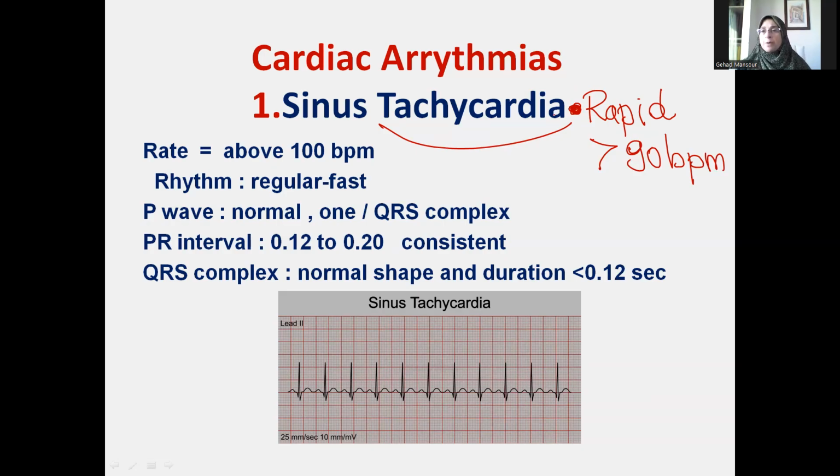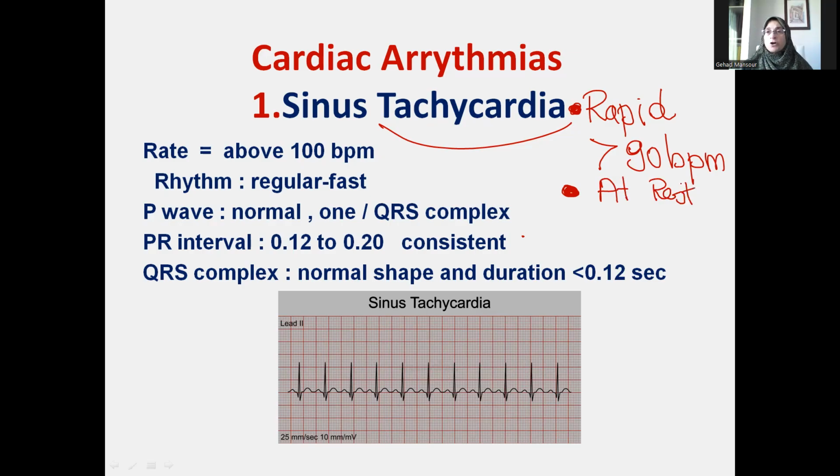So it is a rapid heart rate, more than 90 beats per minute, but more importantly, and this is what maybe we haven't emphasized during class time, but which is important, this occurs at rest.